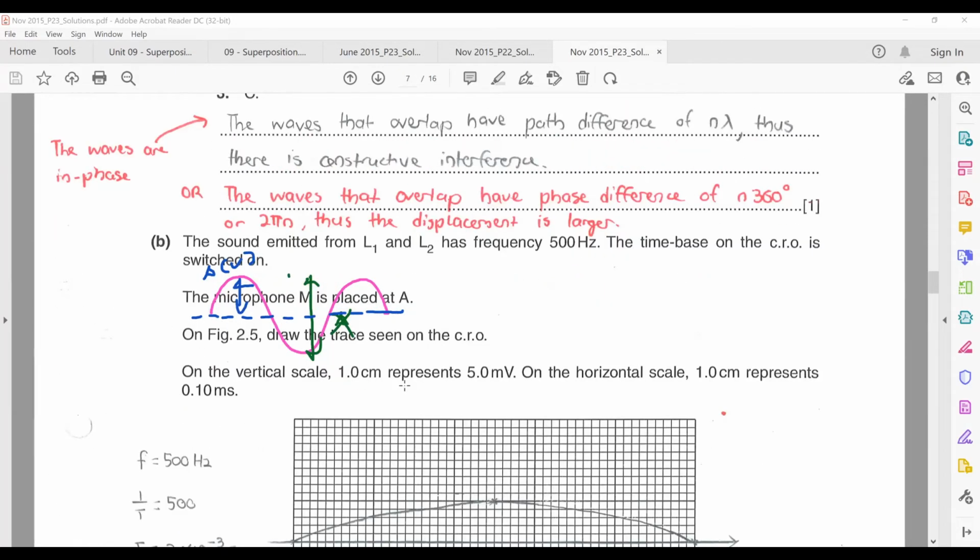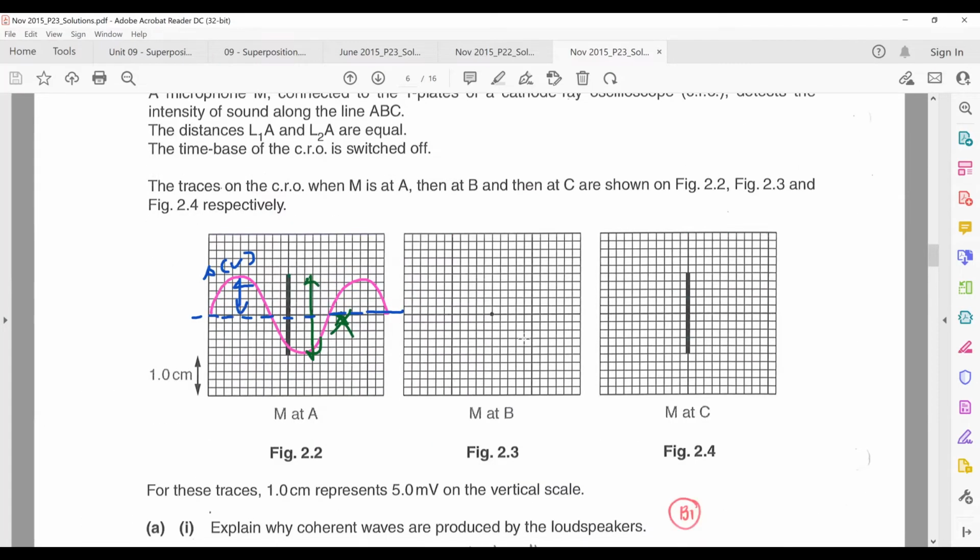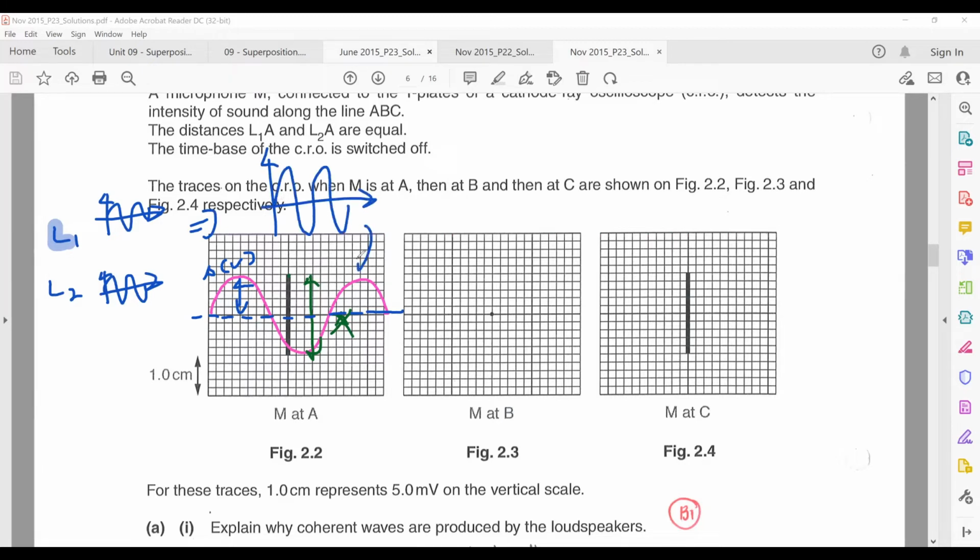They also told you that your sounds have frequencies of 500 hertz. L1, L2 at 500 hertz. When waves from L1 and L2 overlap to give you your resultant wave, which is shown here, the frequency and period does not change.